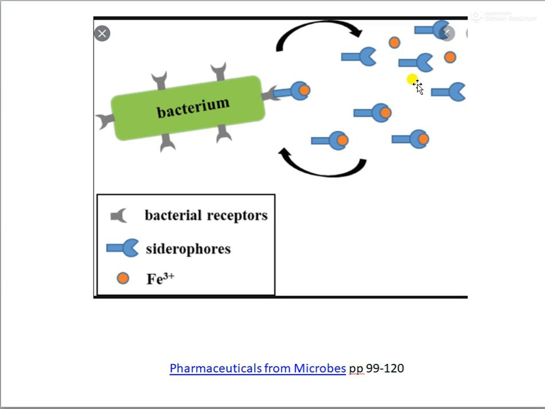So when the iron is not sufficient for the bacteria, it will produce some siderophores, and these siderophores will go and find iron and bind to it. After that, the bacteria, using its receptors, will take up the siderophore-iron complex. Either the iron is directly taken, or the siderophore-iron complex together is taken with the help of certain other ABC transporters. So this is the case of siderophore-mediated iron transport.